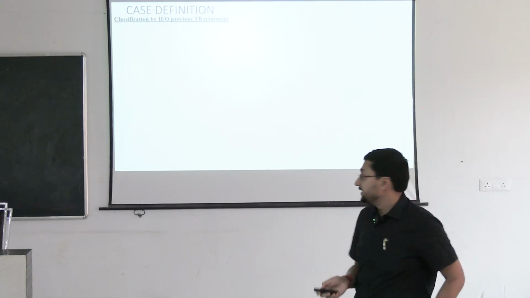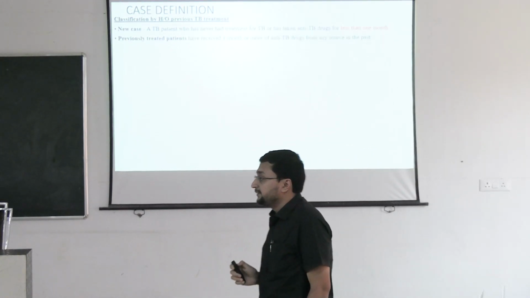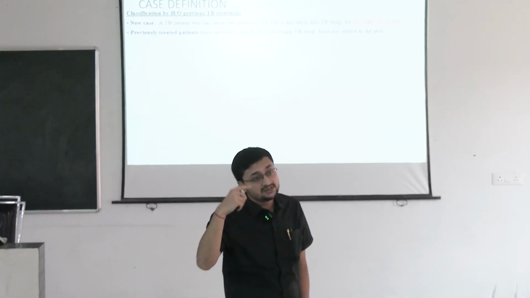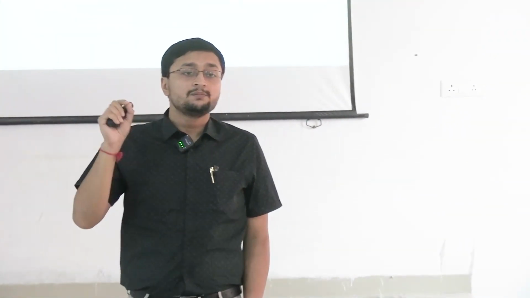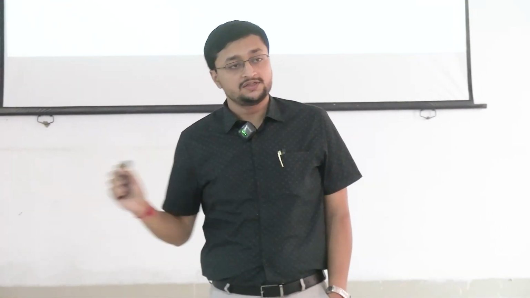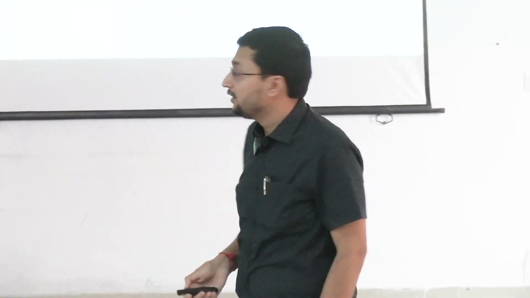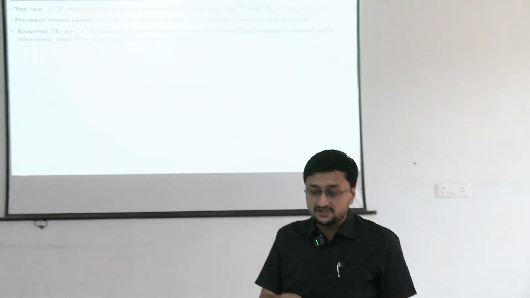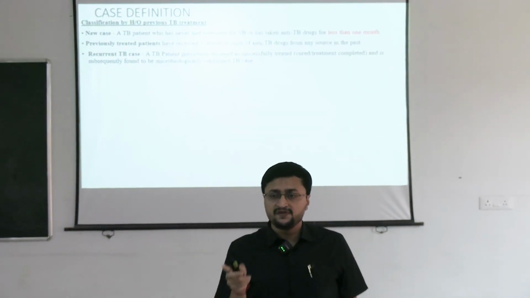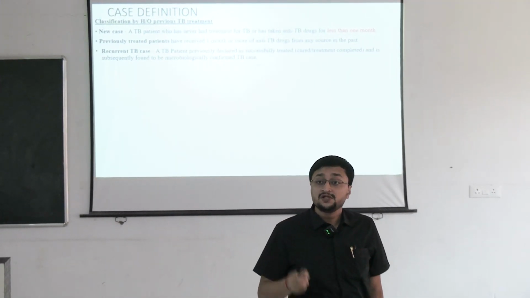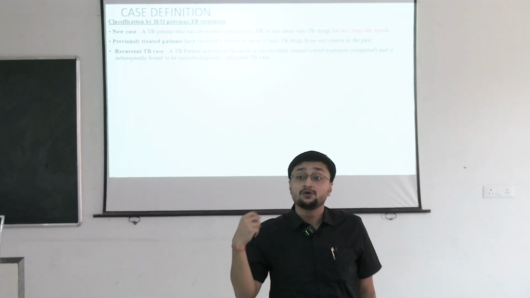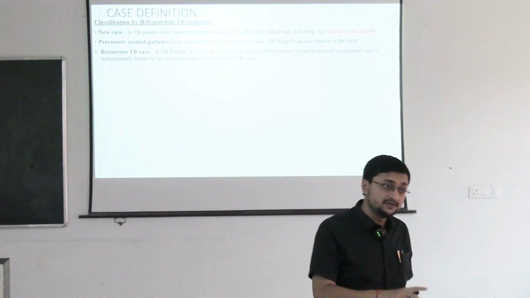Second, what is previously treated patient? If the patient was treated previously for more than 1 month with ATD, this is called previously treated tuberculosis. Next, what is recurrent TB case? Suppose the patient was diagnosed with TB in previous years or months, and he was successfully treated and declared cured at the end of his therapy.